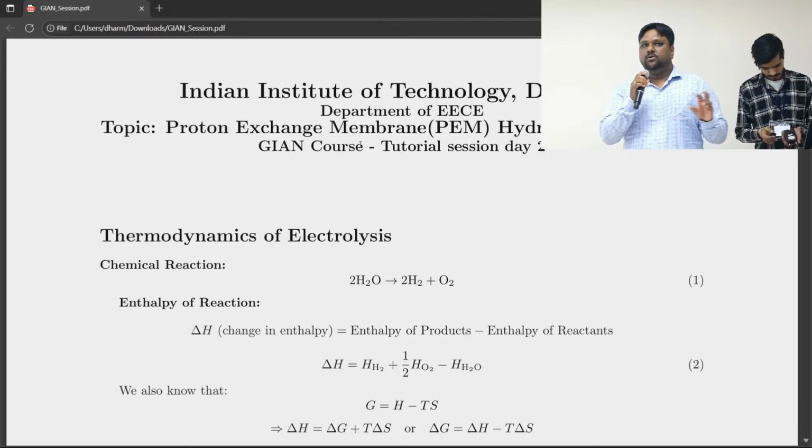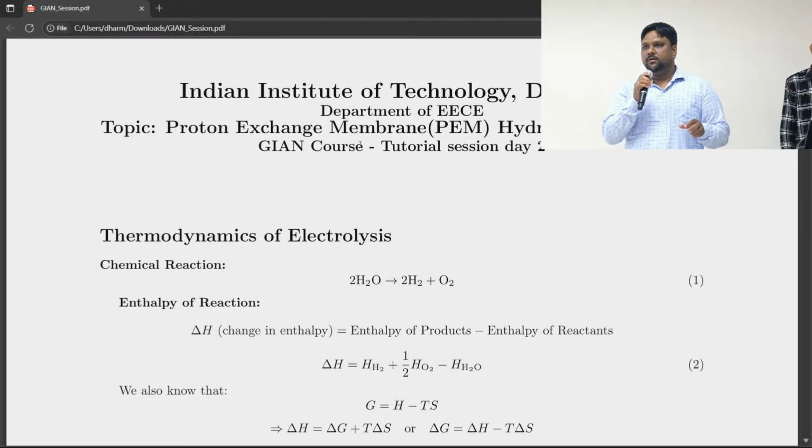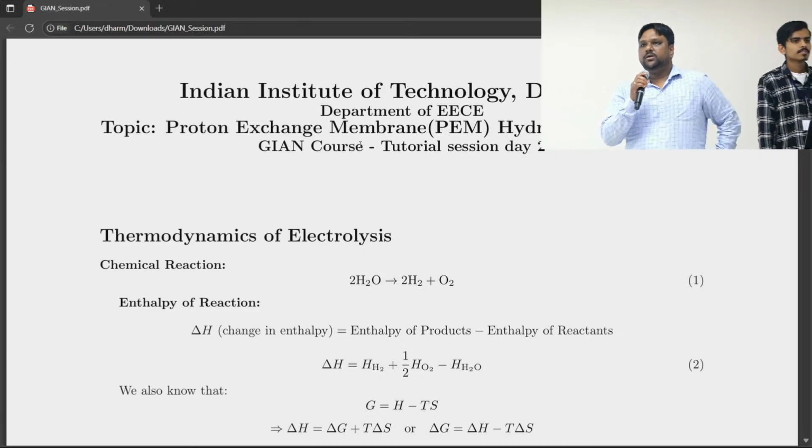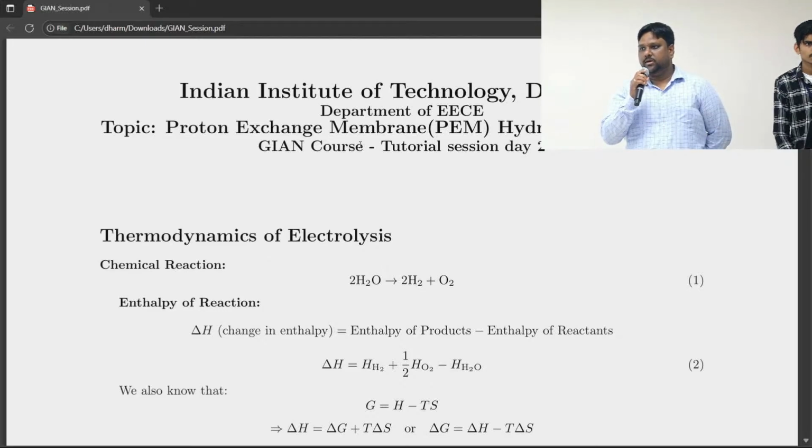We'll go with static model, dynamic model, and an electrical equivalent dynamic model, and there are so many approximations in the model. Finally, after going through all this, a 46 kilowatt electrolyzer will be built based on its electrochemical equivalent.